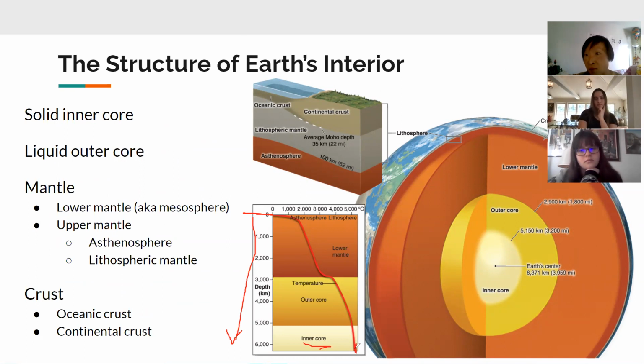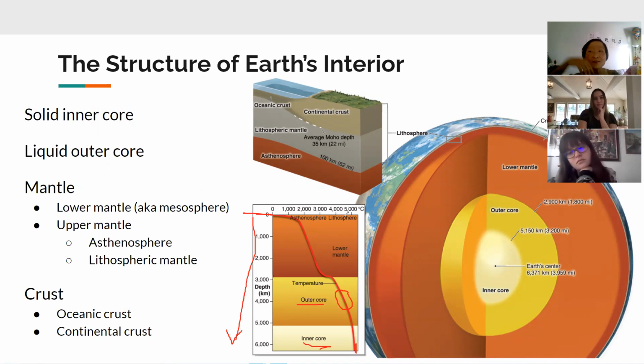Oh my gosh, it's almost the temperature of the sun's surface. The surface of the sun is 6,000 degrees Celsius. But the outer core is relatively cooler, about 4,500 or something like that.